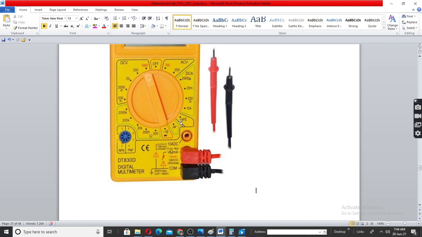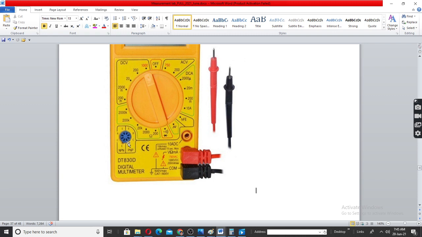This hFE means the current gain of a transistor, which can be used for determining the healthy condition of a transistor. You see here emitter, base, collector. In any configuration you can insert the terminals of a transistor.